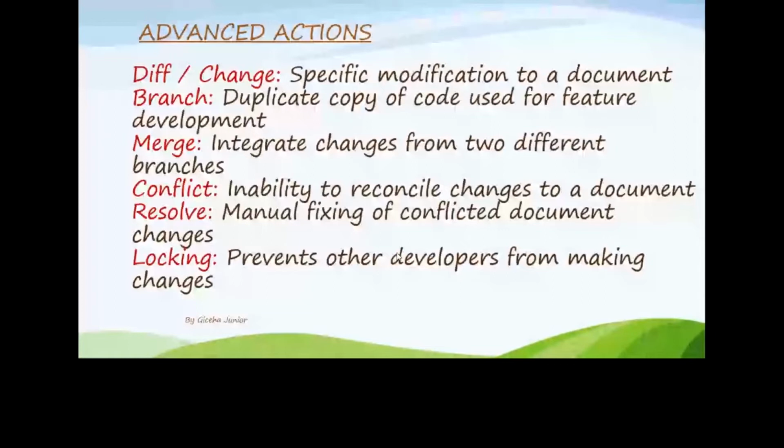So you have a certain branch named this name, and a certain branch named another name. So you have a copy of code used for feature development. You have a different copy on that repository. You have 2 or more branches of the same repo.